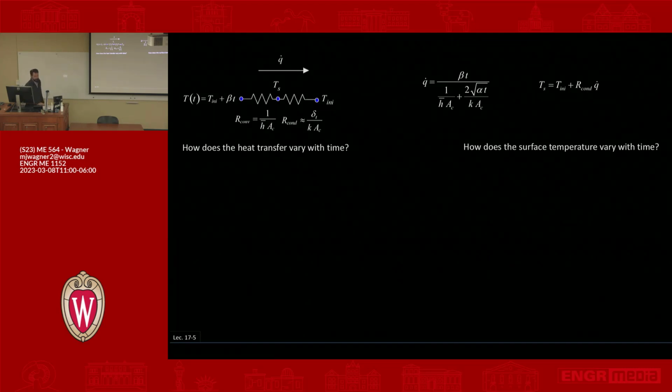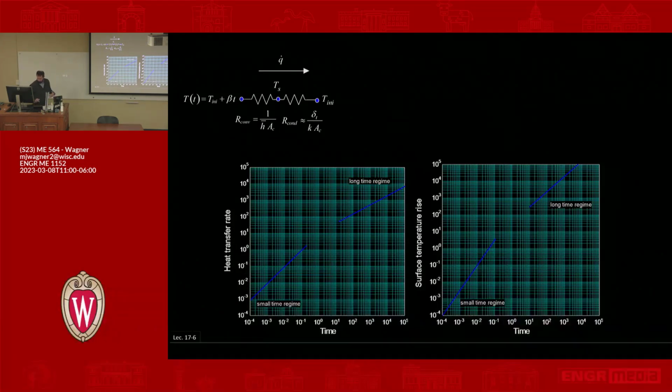We should be on 17.6 if you're following along. We know that there are these two regimes, and what we can do is plot them out. I'm going to make this so you can actually see it.